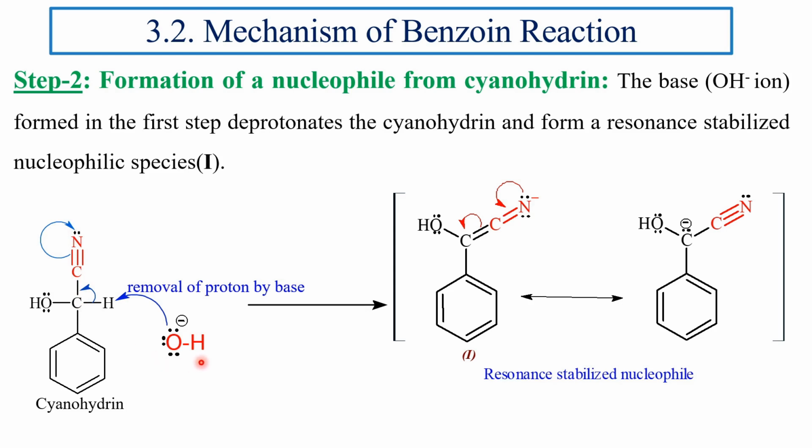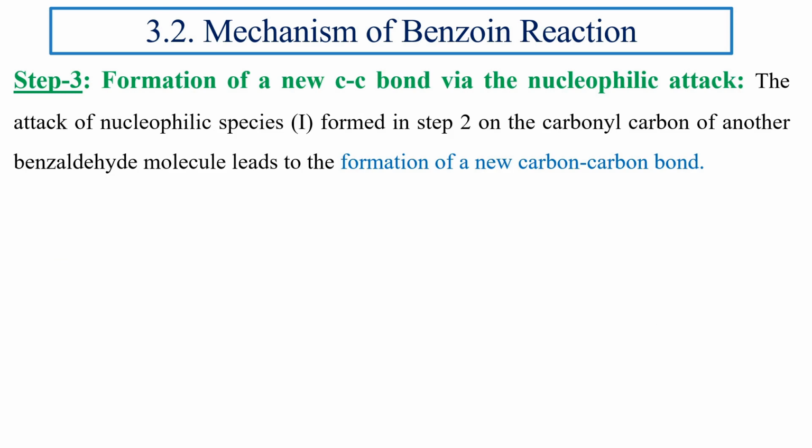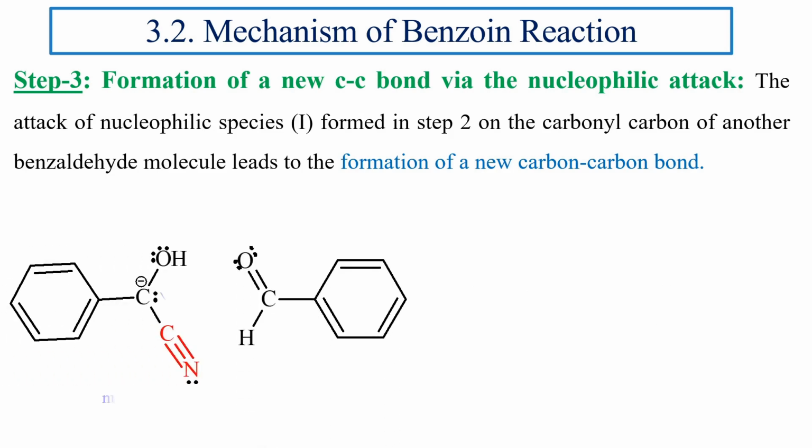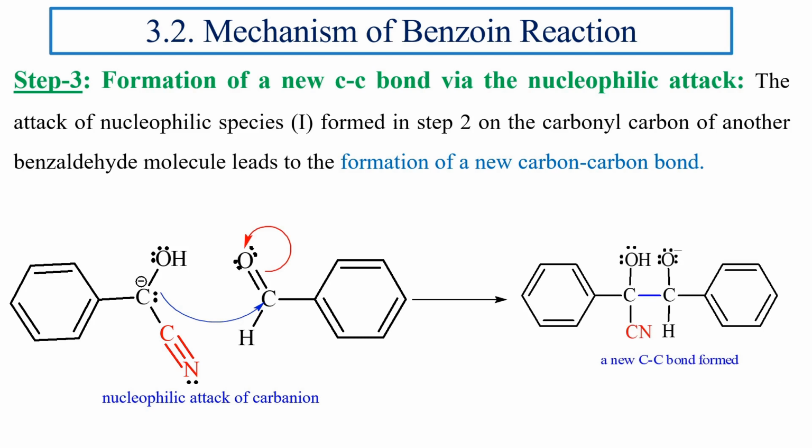Thereby, attack of OH- ion removes the proton from cyanohydrin to result in the formation of a nucleophilic species, which is resonance stabilized with this molecule. The nucleophilic species formed in step 2 attacks the carbonyl carbon of the second benzaldehyde molecule as a nucleophile and forms an intermediate that has a new carbon-carbon bond.